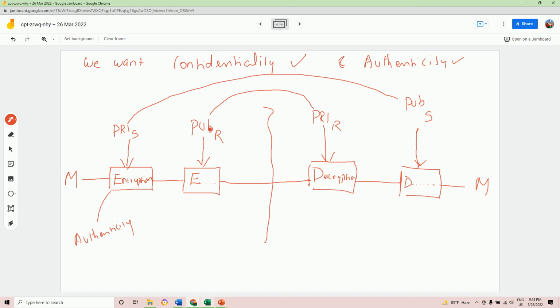And here you are using the public key of the receiver and the private key of the receiver, so you also have the confidentiality. Okay, so you have both authenticity and confidentiality, students. So this diagram clearly shows the authenticity and confidentiality.